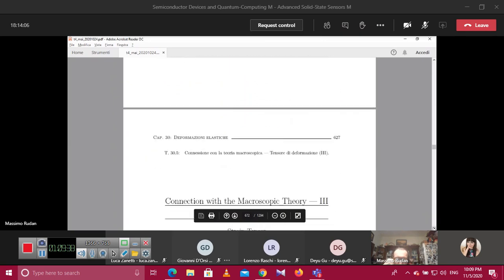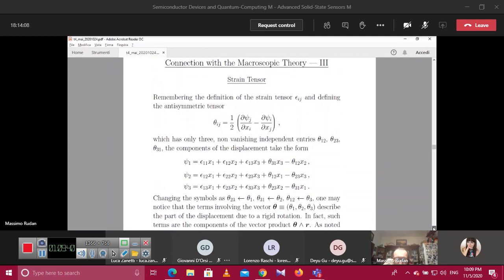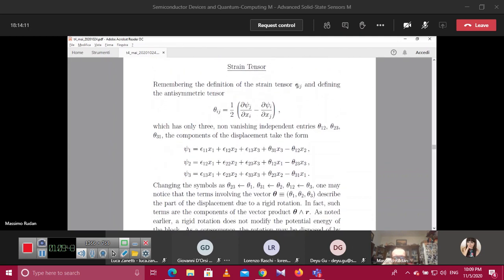Now, the first part was already defined. You remember, it is the strain tensor epsilon. The anti-symmetric part, we call it theta. Okay, theta is the anti-symmetric tensor with this form. And you see immediately that this tensor has only 3 non-vanishing entries because the entries in which i is equal to j are 0.